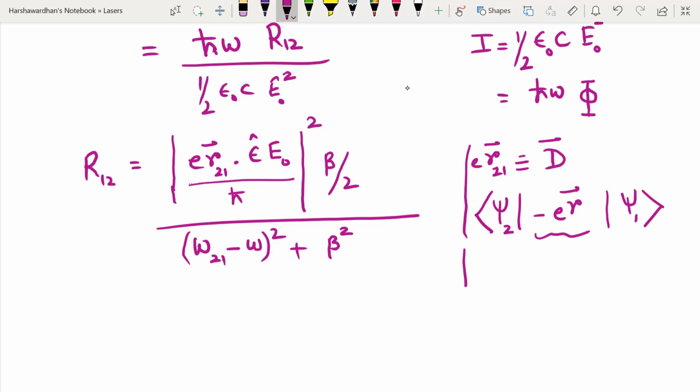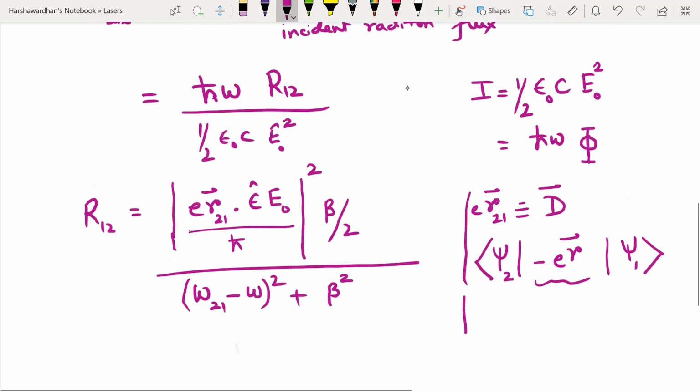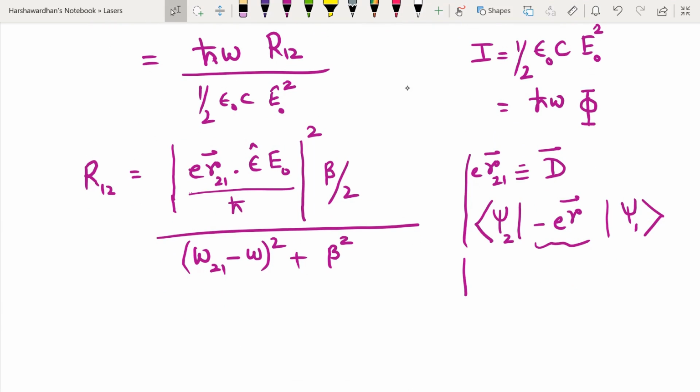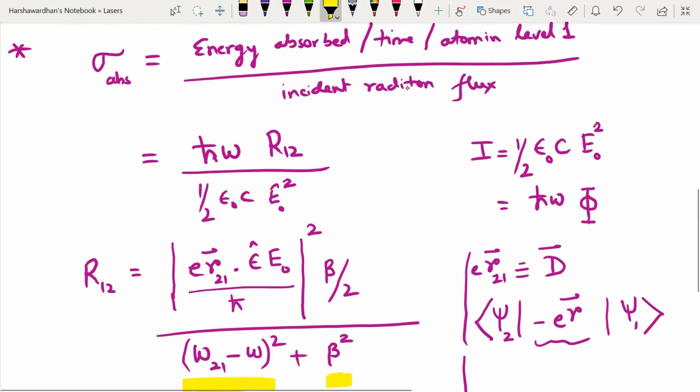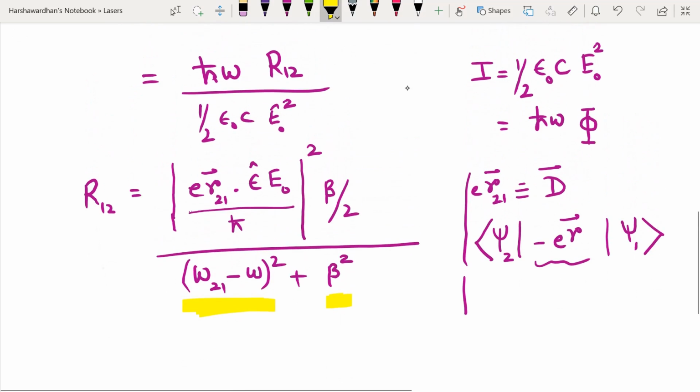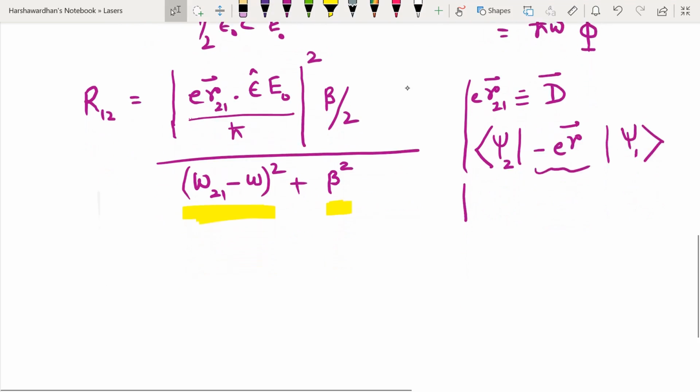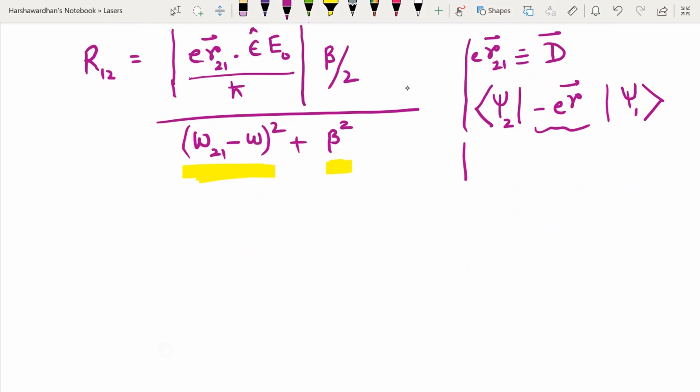Right. So clearly you can see that the rate at which energy is absorbed depends on how close I am to the resonant frequency. And of course, you know that I can only couple energy if I have a finite decay in the system, and that is captured by this beta. Right. So if I now put all of this together, I can get sigma to be of the following form.